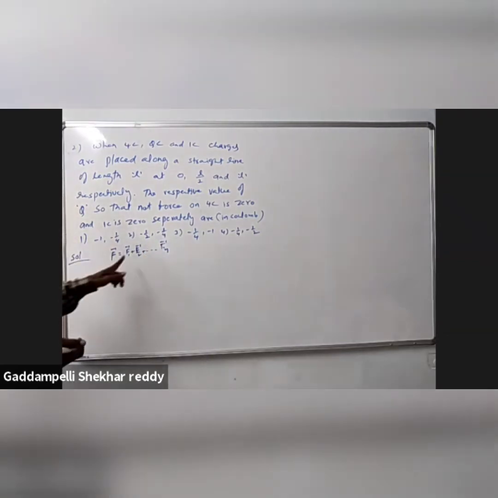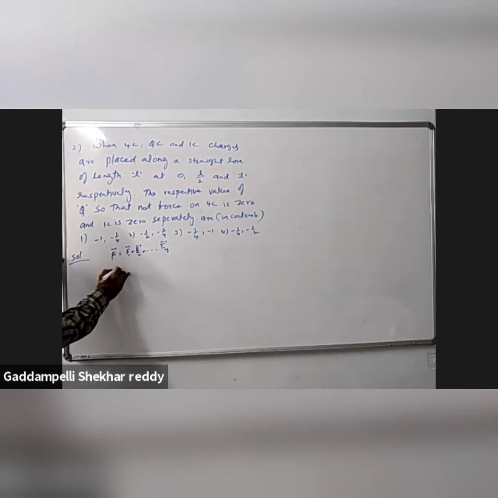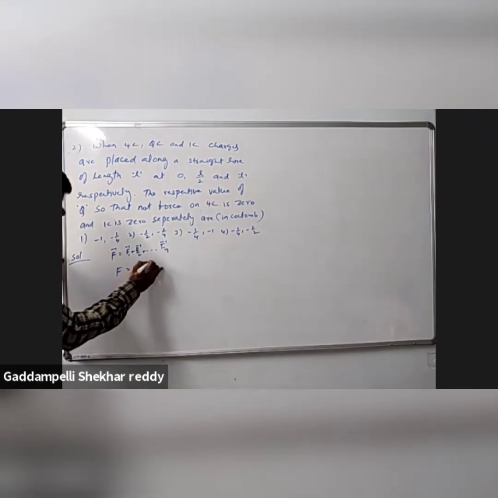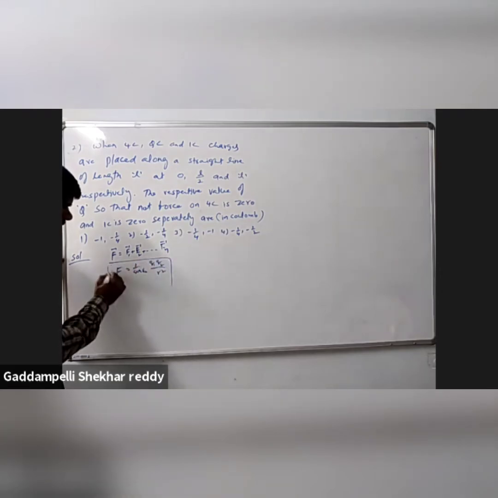Suppose you have only 2 forces, or 3 forces, or 4 forces, if it is n forces, the general basic formula we know is F is equal to 1 by 4 pi epsilon naught Q1 Q2 by R squared.